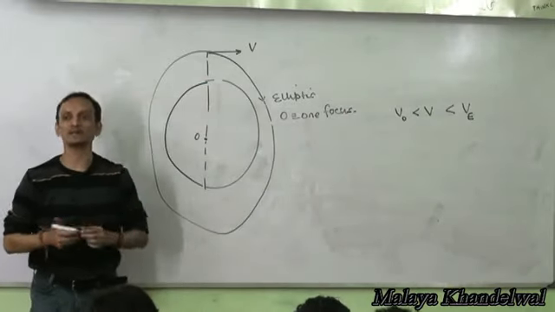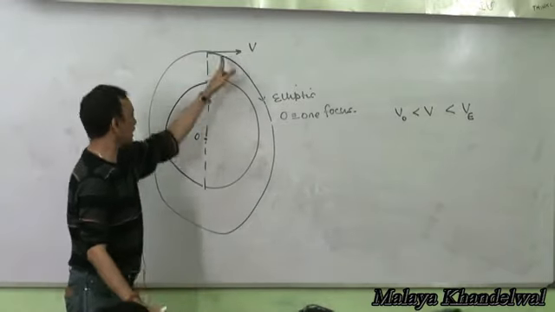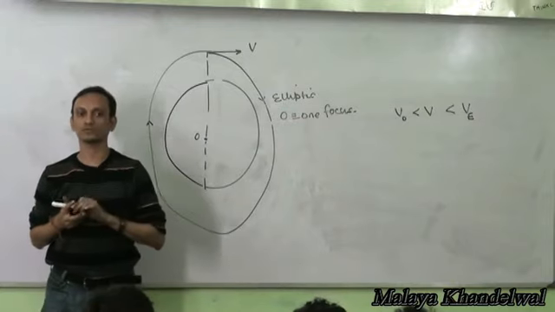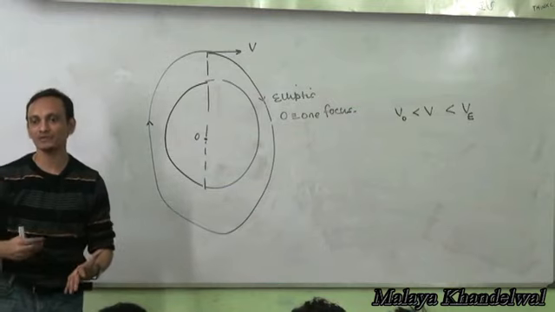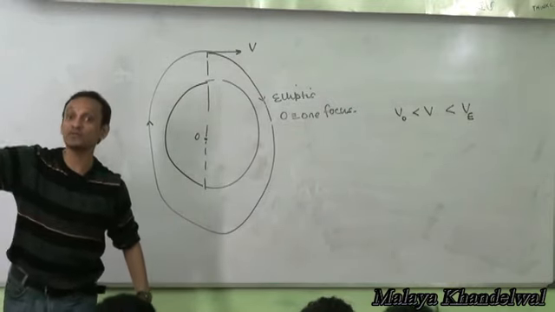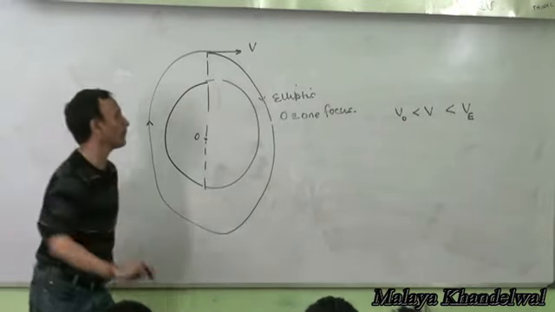If the velocity lies between the orbital speed and the escape velocity, then it is an elliptic trajectory. I know it's not a very beautifully drawn ellipse, but pardon me for that. That is what it would do. V equal to escape, parabolic and infinity. V greater than escape, hyperbolic and infinity. Clear?